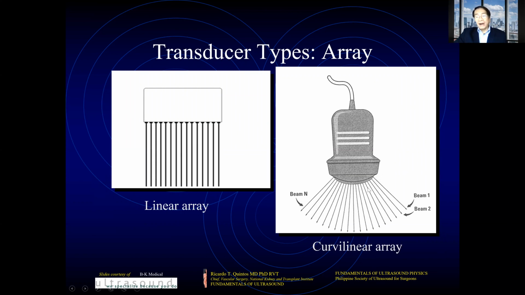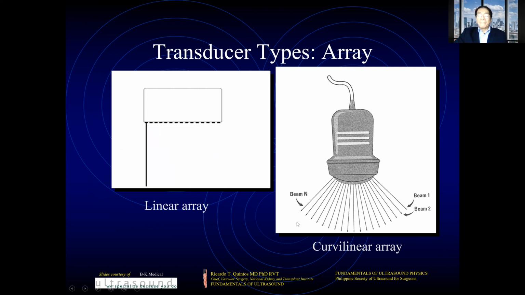The curvilinear array has a convex surface that allows a diffusion outwards of the beam such that the beam and the image that can be picked up is much greater than the footprint of the transducer.